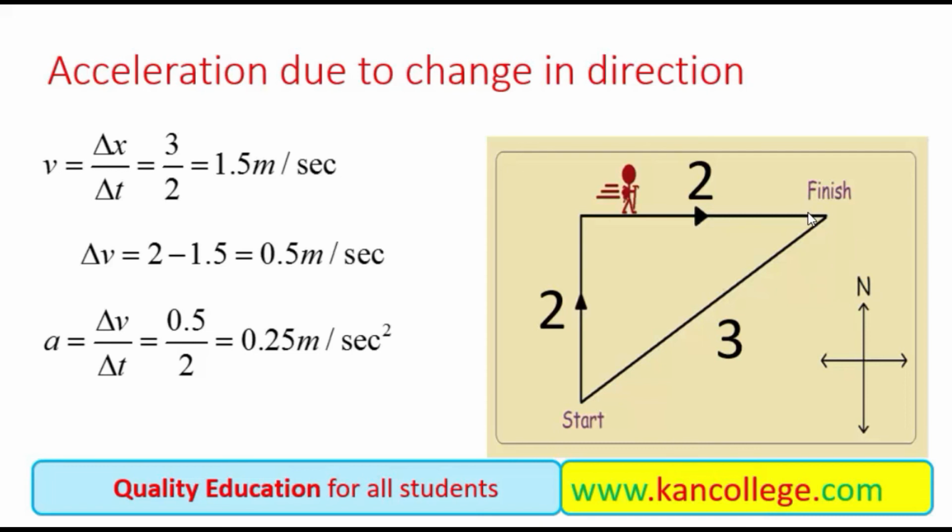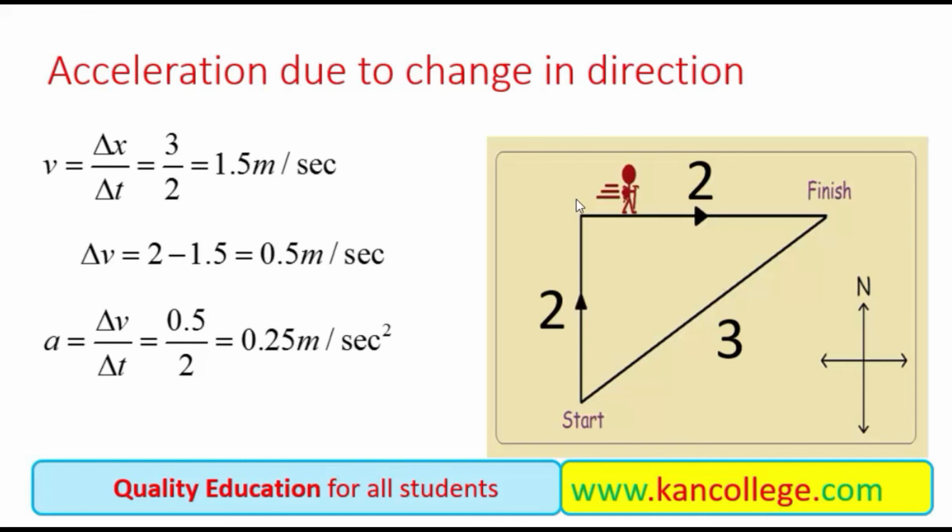Then we will say that, no, you are wrong. As you have changed the direction, you are not displacing from the start point with that velocity of 2 meters per second, as in 2 seconds you will shift from the start point to the final point.